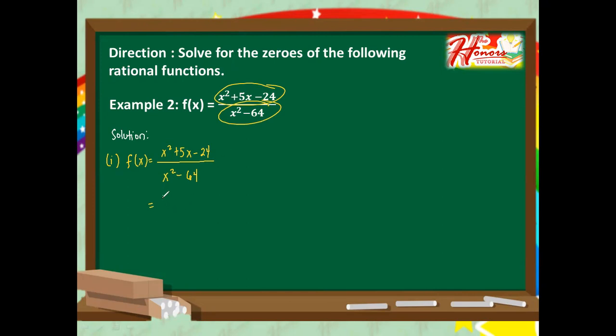And also for the denominator, though it is a binomial, it is factorable. So therefore, we also have to prepare two parentheses here. And it is also discussed in special products how to solve for this.